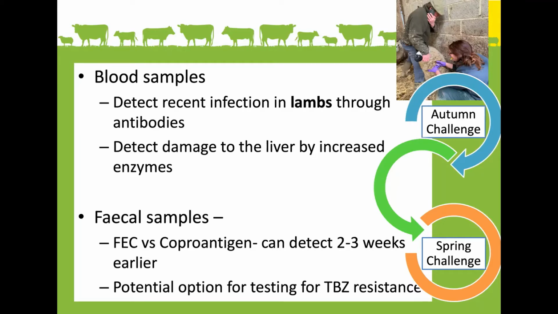Now, this is great for one animal, but it's not specific to Fluke. So if a vet comes to see one specific animal and they can't work out what's going on, then they may take a blood and they may say that the liver enzymes are increased and we think it's liver fluke, but it's not a definitive diagnosis.